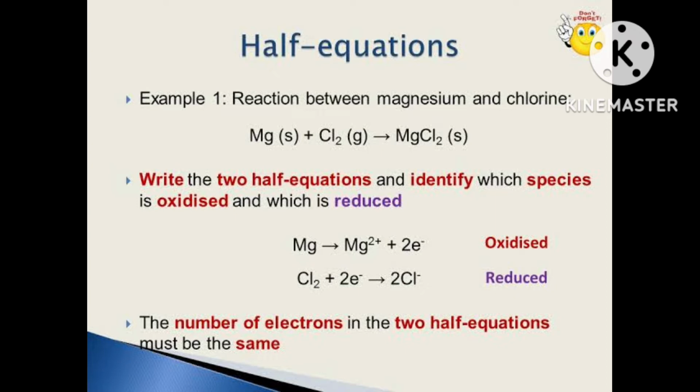Like that, in the reverse way, the one which is taking electron is the oxidizing agent, and the process is reduction. Okay, then in the oxidation number method, first you balance the atom which is oxidizing. After that, you note what is the change of oxidation number, that you keep in mind.